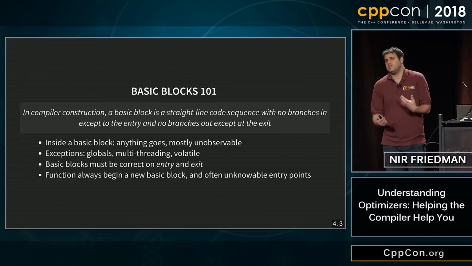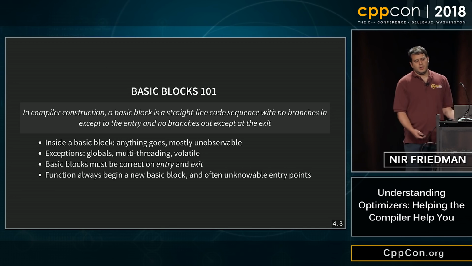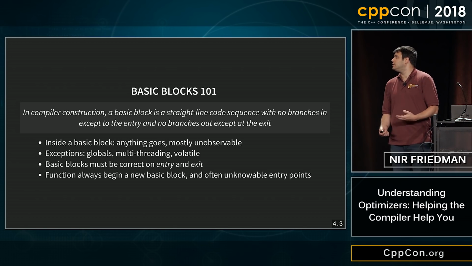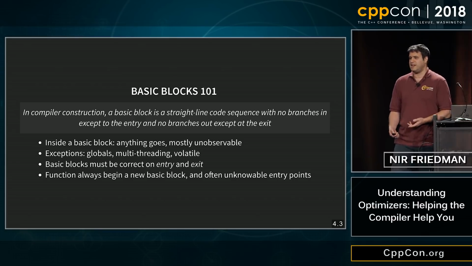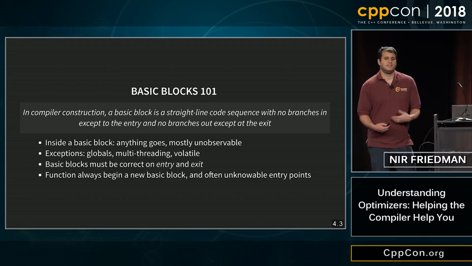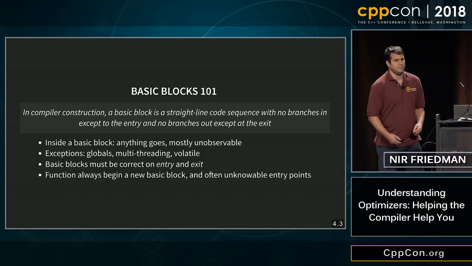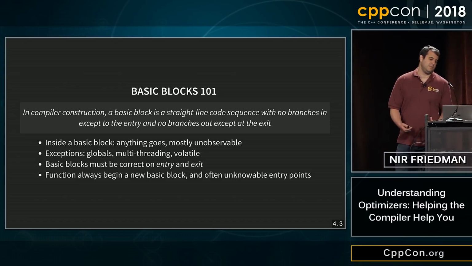And most things that happen inside a basic block can't be observed from the outside, right? Because you can't leave and you can't enter. So there's only a handful of things, globals, multi-threading, volatile. These are side effects that have to be still preserved inside basic blocks, but we're not going to talk much about any of those for the most part.